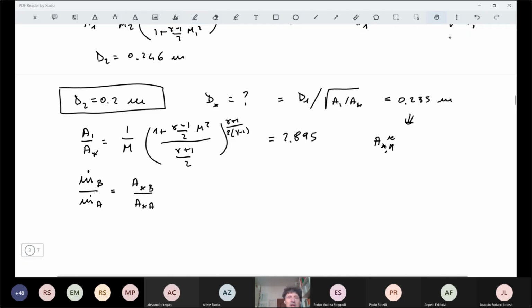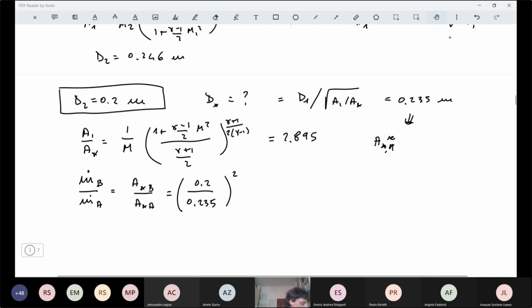And we have that here, this will be, of course, the two throat areas that we are considering: the one of A, which is the one corresponding to 0.235 meters, and the one corresponding to the required diameter, which is 0.2 meters. And this has to be, of course, an area ratio, so it must be squared.